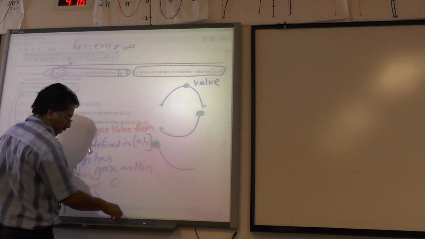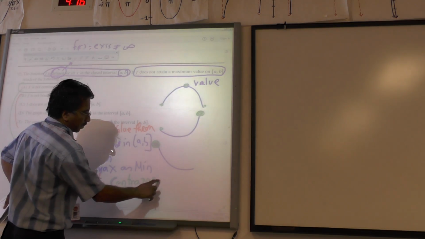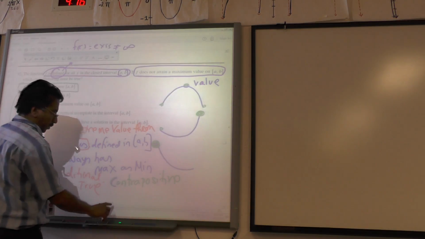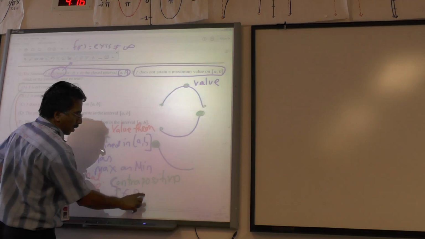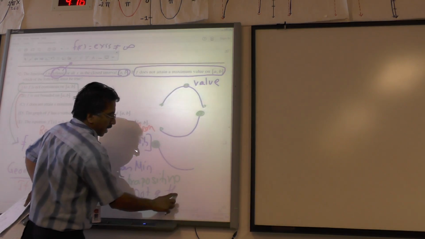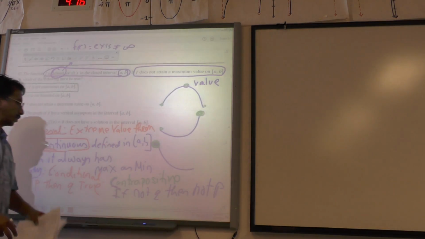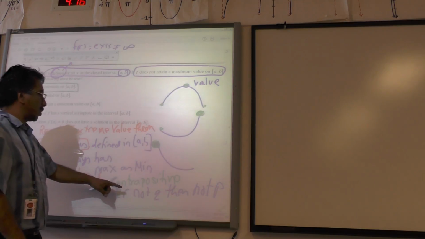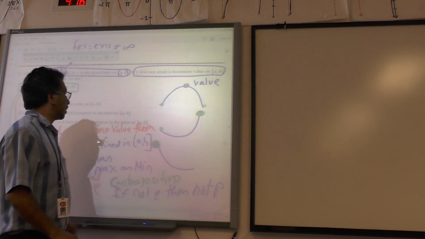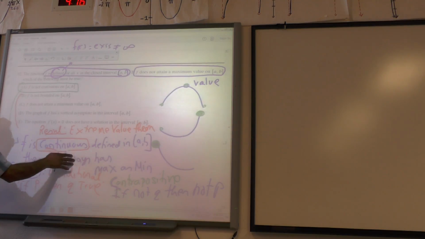If this is true, there is a contrapositive which says: if not Q, then not P. If P then Q is true, then the contrapositive, if not Q, so that means if it does not have a maximum. Now this is the main one.